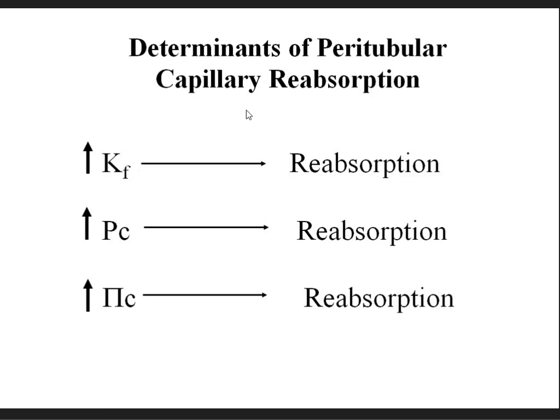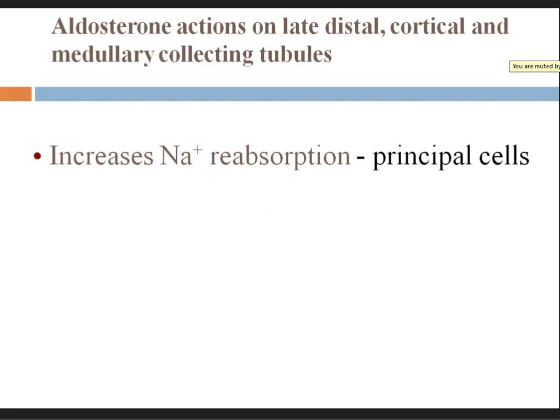If this is increased, what will happen to reabsorption? We cannot be interactive right now, but if it were a class, you would be answering all these things. So please keep thinking about what happens if there is an increased filtration coefficient. The reabsorption will obviously increase. If there is more hydrostatic pressure in the capillaries, reabsorption will decrease, and if there is more oncotic pressure in the capillaries, reabsorption is going to increase.